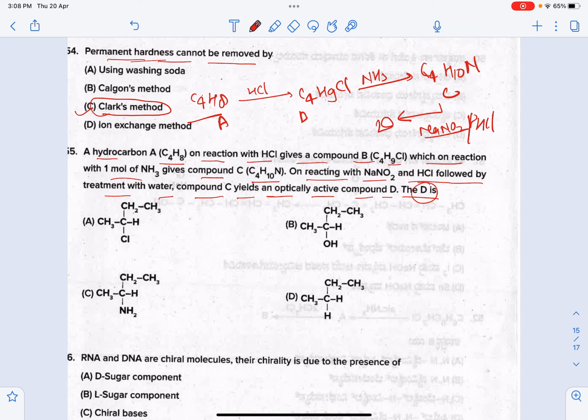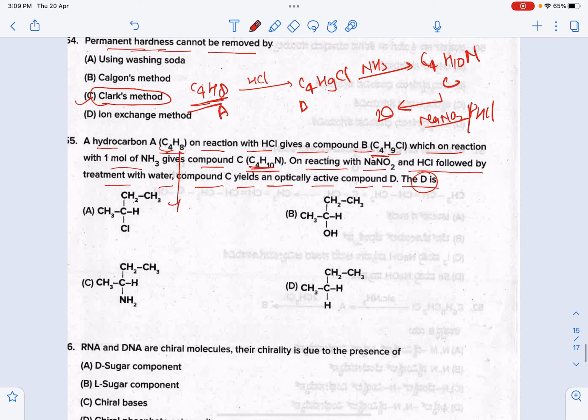Okay, now you can see that there is only C4H8. The number of carbon atoms is the same as A in the final product. You can see that in all compounds the number of carbons is the same. That means this compound will be aliphatic, not aromatic.